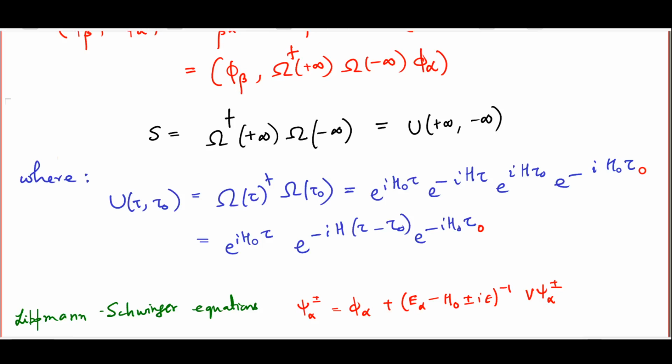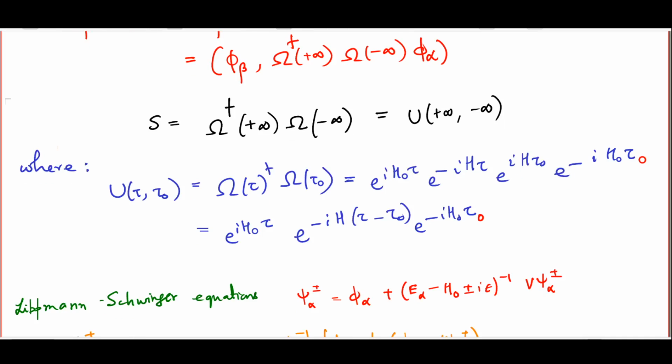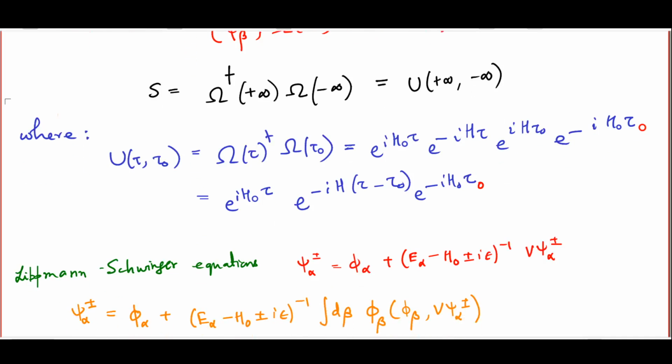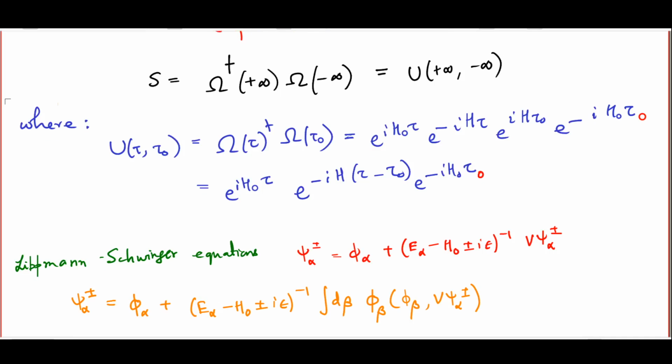Let me remind you that the other thing that we did there was to expand out this V psi alpha plus minus, which is a vector in the Hilbert space, in terms of the complete orthonormal set of free particle states, phi betas. And when you do that, this V psi alpha plus minus gets replaced by integral over d beta, phi beta times this particular inner product, phi beta inner product with V psi alpha plus minus.